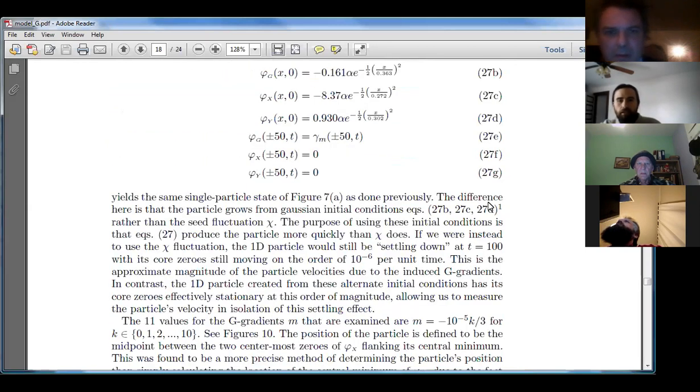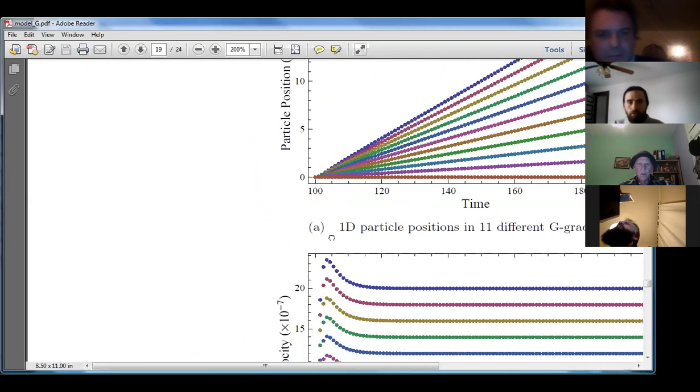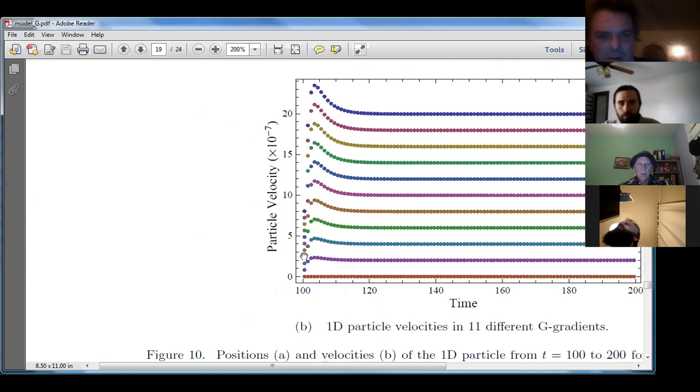It went from 0 particle velocity to different velocities depending on the magnitude of that linear G gradient, as I interpret it here. And then you can see, zoom in, there's a portion here where they go from 0 and overshoot a particular velocity and then dampen back down to a constant velocity after that point.